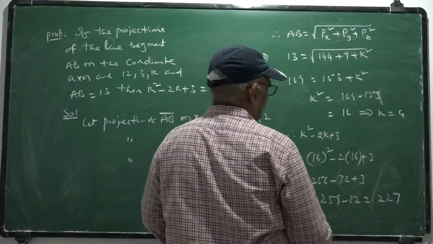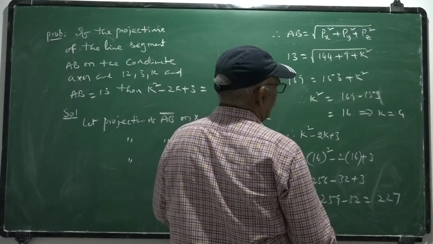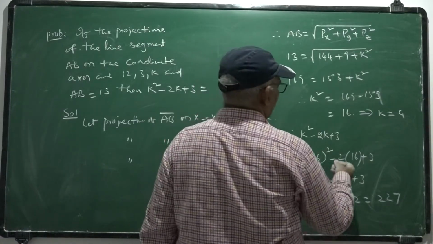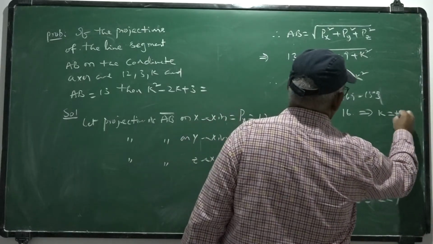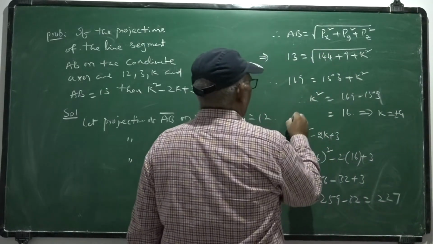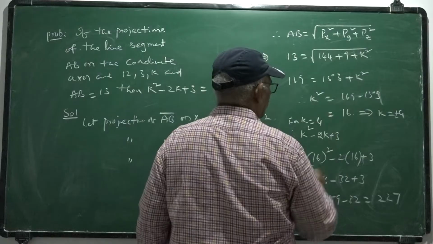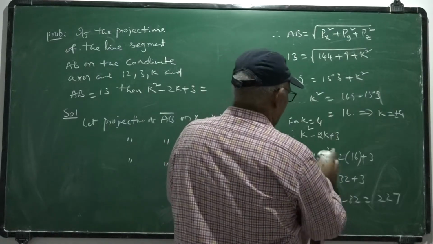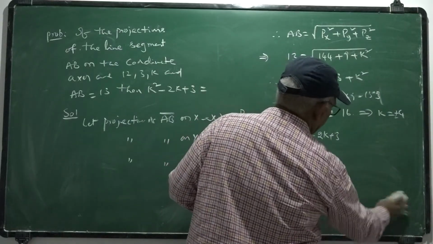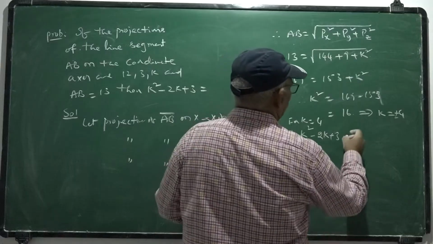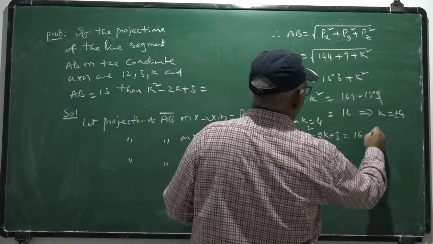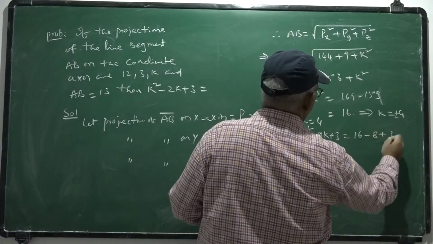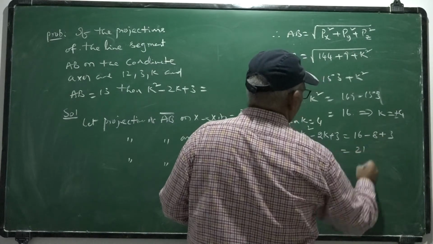For k equal to 4, k square minus 2k plus 3 becomes 16 minus 8 plus 3, 11.